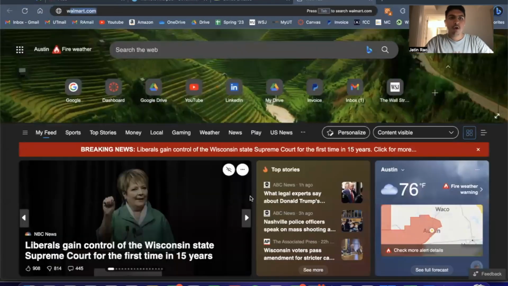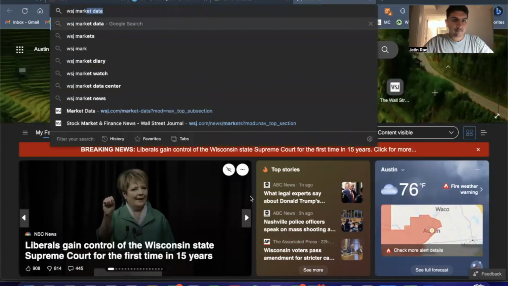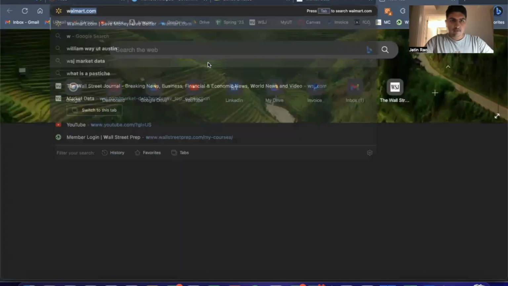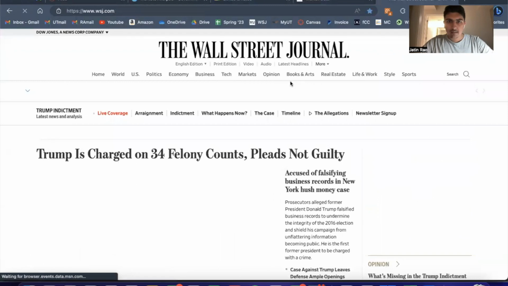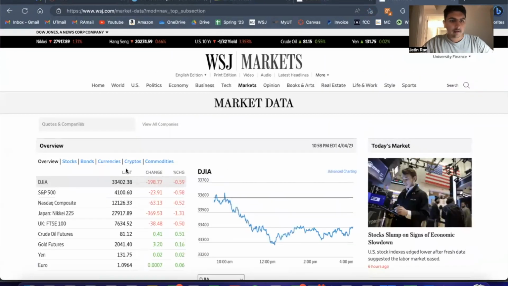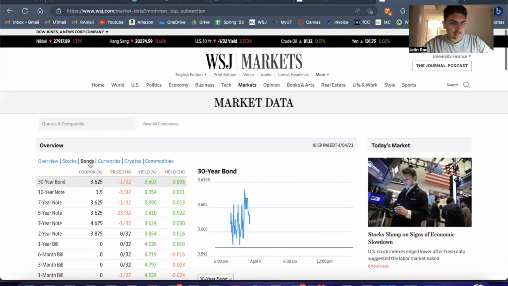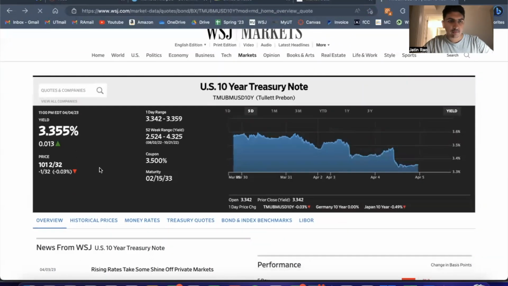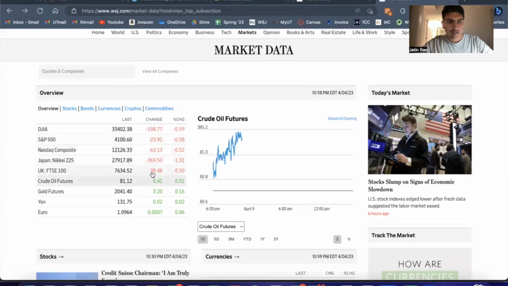You can also go to Wall Street Journal market data. You can just go to wallstreetjournal.com, go to the market section and then go to market data home. Over here, if you click on bonds, it shows you the 10-year note is, according to them, trading at 3.355.